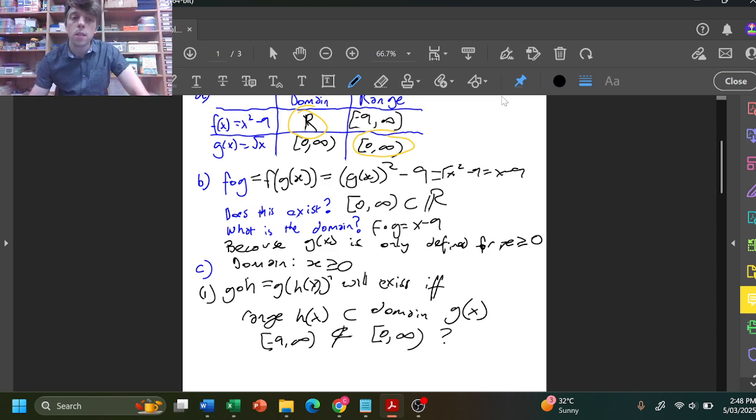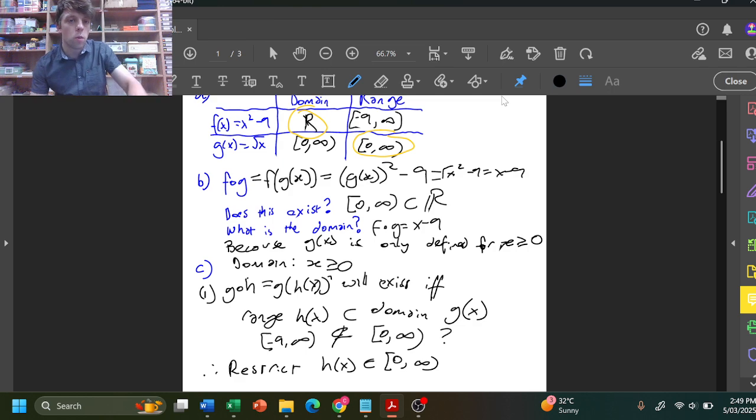So we're going to have to somehow restrict this domain. So we need to restrict h of x such that its output is going to be from 0 to infinity. We want to restrict it so that it can be part of our domain of g of x.